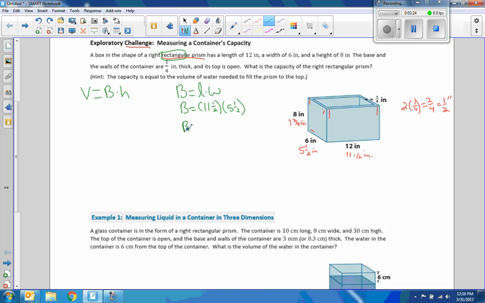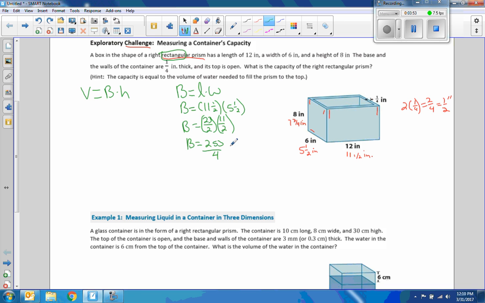So my base area is 23 halves. Notice what I'm doing here, making them improper fractions so I can multiply. 5 times 2 is 10, plus 1 is 11 halves. So 11 1/2 is 23 halves, and 5 1/2 is 11 halves. So when I multiply those, I get 23 times 11, which is 253, divided by 4.